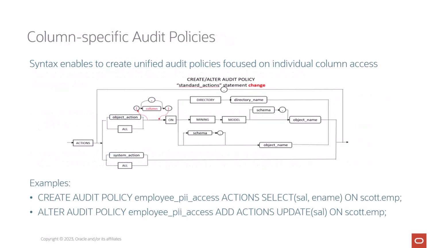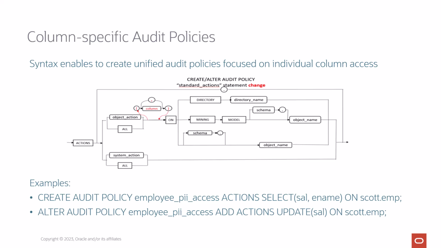One thing we've added to make it even better is the ability to focus an auditing policy on just certain columns of a table. And that's interesting because when you discover sensitive data, you recognize certain columns as holding sensitive pieces of information.